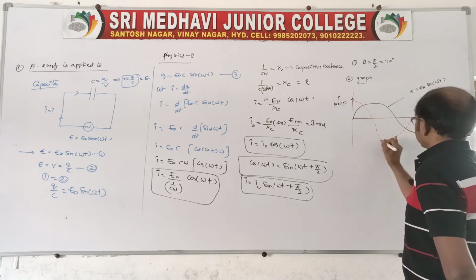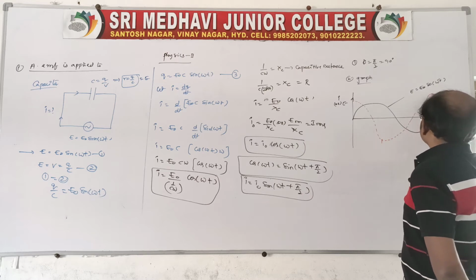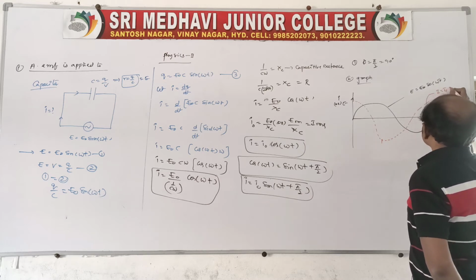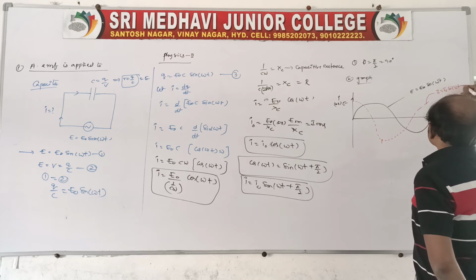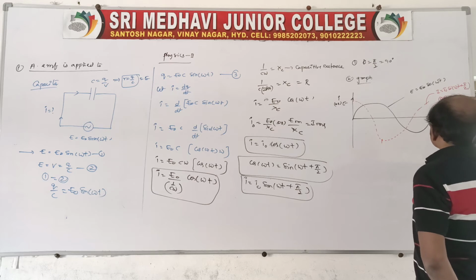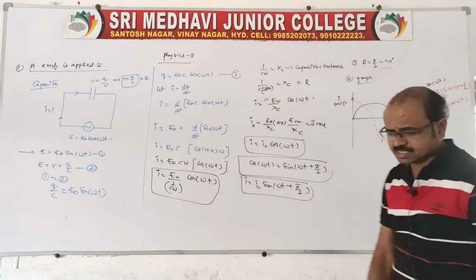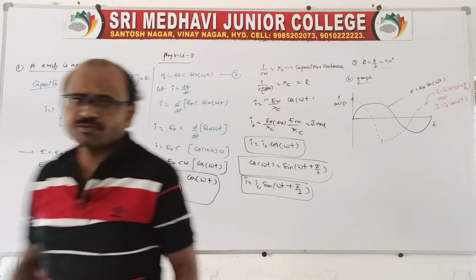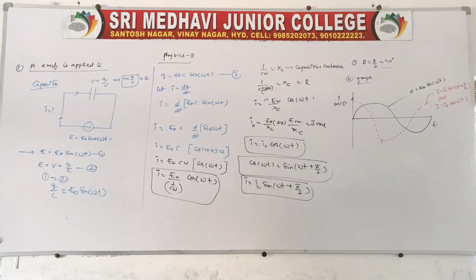This is represented as I is equal to I naught sin omega t plus pi by 2, or else we can also say I is equal to I naught cos omega t. The phase angle represented here is pi by 2, and it is shown in this graph.